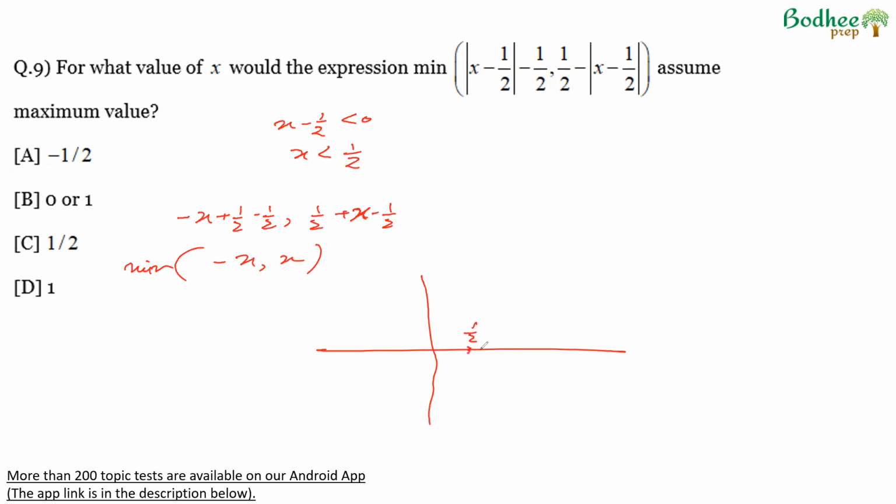When x is 1 by 2, we'll have minus half as the value. When x is 0, the value will be 0. When x is, say, minus 1, the minimum value will be 1 and minus 1. And then it will go negative from here. Something like this, probably.